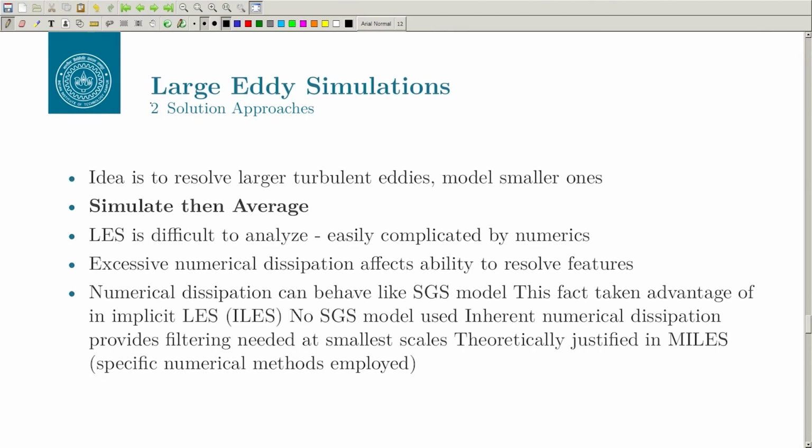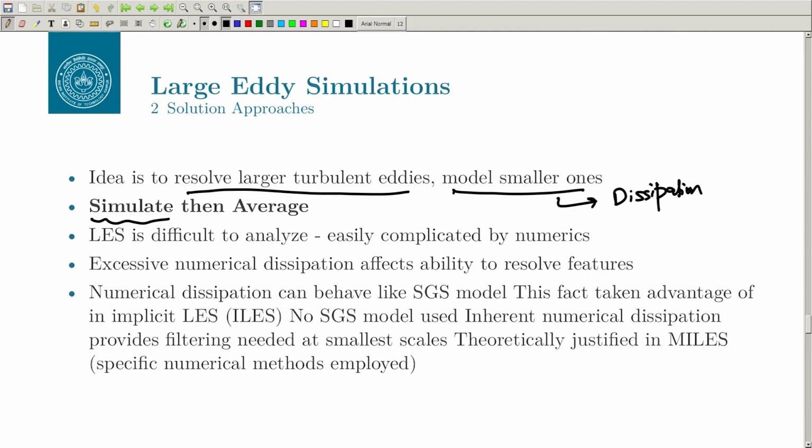On the other hand, if you go to large eddy simulation, here we are going to basically resolve the large eddies, but model the smaller ones which may be responsible only for dissipation. So, in RANS we first averaged and then simulated. Here we simulate using the Navier-Stokes equations, and in fact more accurately it is the filtered Navier-Stokes equations.